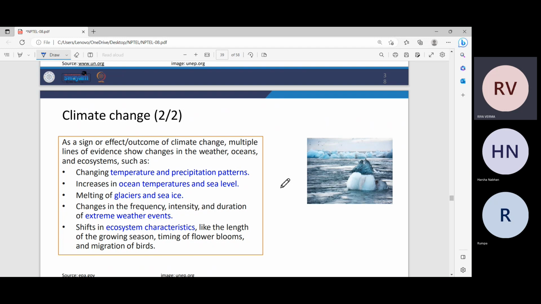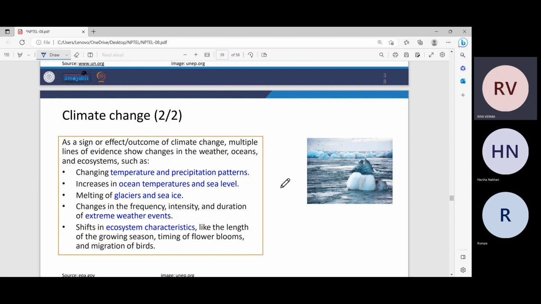We have rainfall, we have hail, we have storms. That can be associated with climate change, because that is not the season of rainfall. Also the temperature is changing very frequently, like summers are getting much hotter, winters are getting relatively less cold.